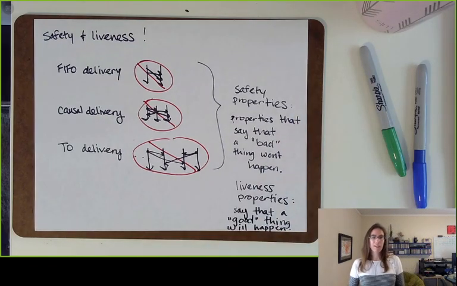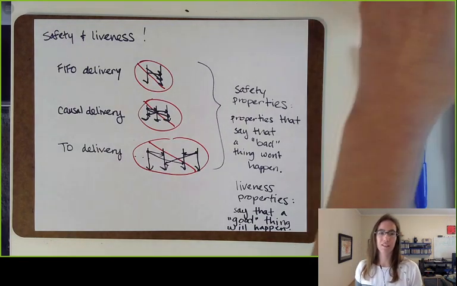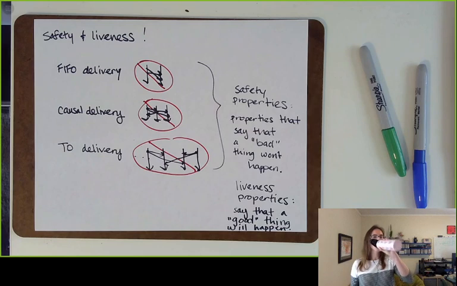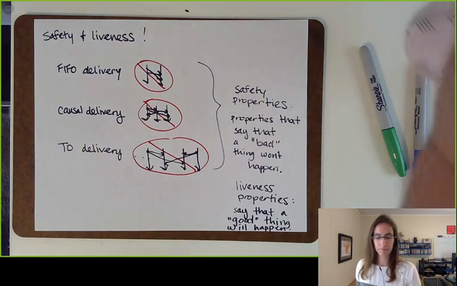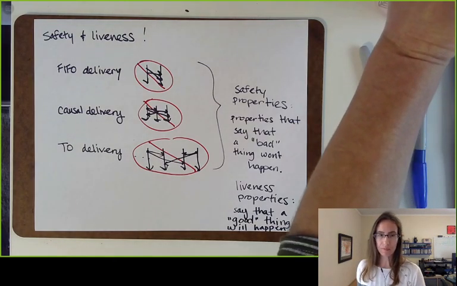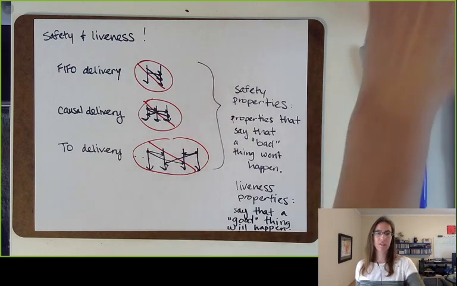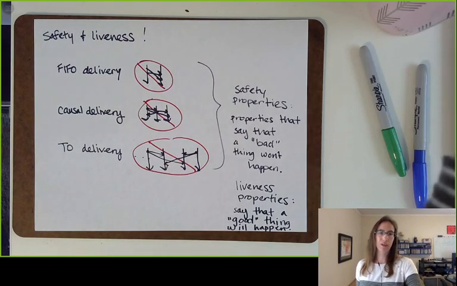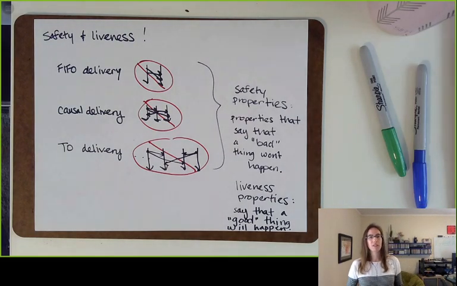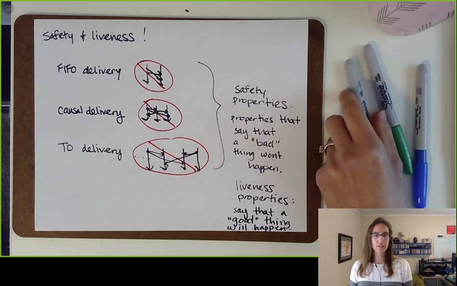Have we talked about any liveness properties yet? Can you think of any liveness properties that we've discussed, even a little bit in this class? We certainly haven't discussed them to the extent that we have discussed safety properties, but they have come up a little bit. What do you think?